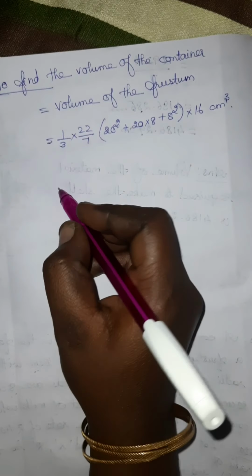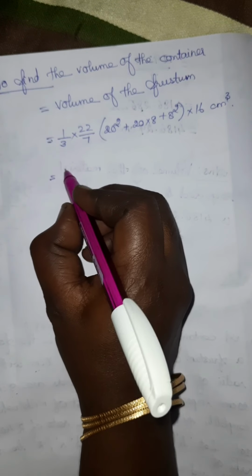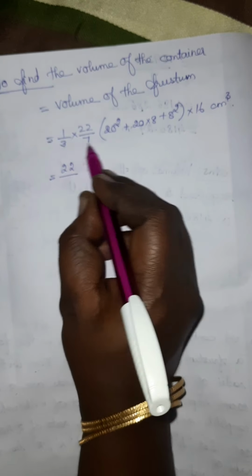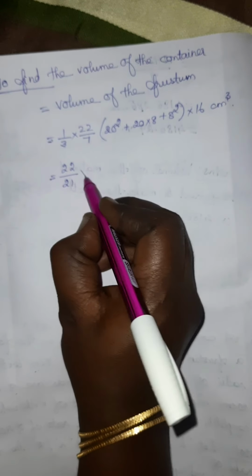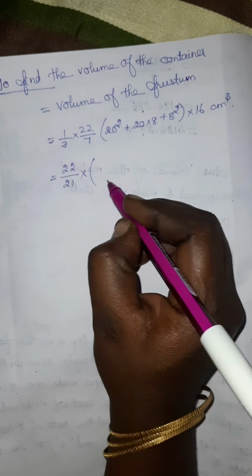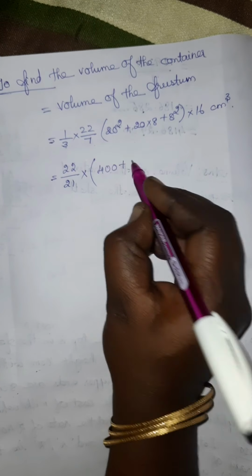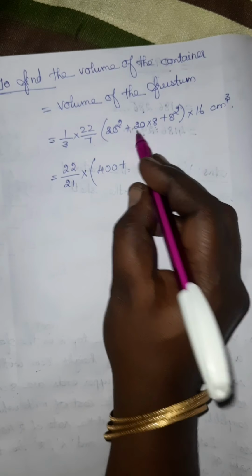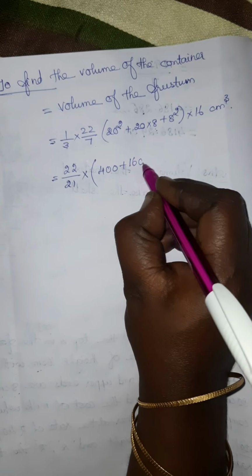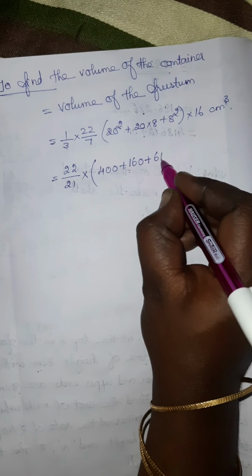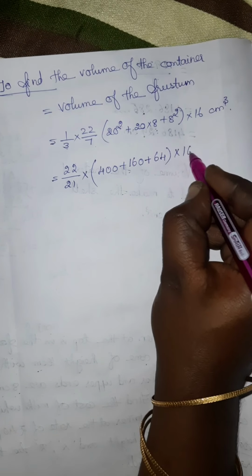Okay, we can simplify, which is equal to 1 into 22 is 22 divided by 3 sevens are 21 into 20 square. What is the value of 20 square? 20 into 20 is 400 plus 20 into 8, 8 twos are 16, so it is 160, plus 8 square, 8 eights are 64, into 16.